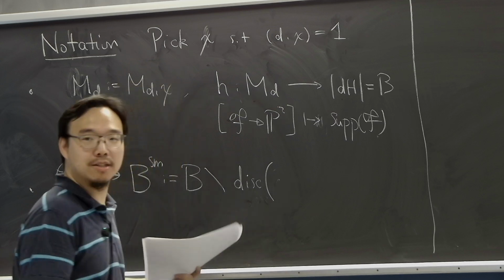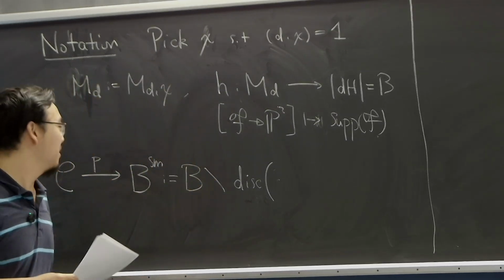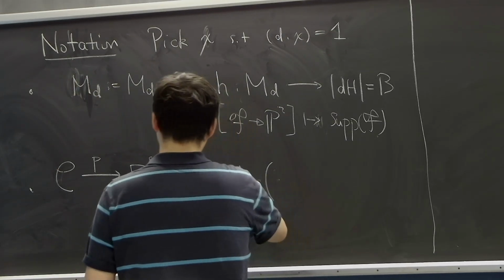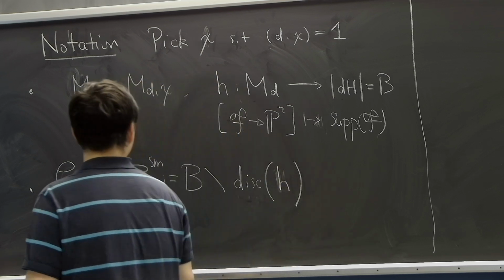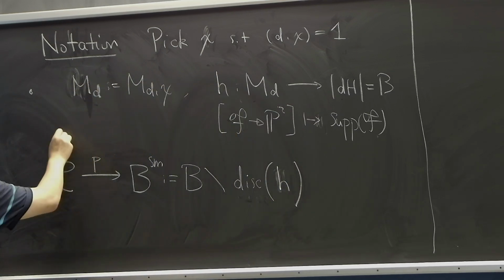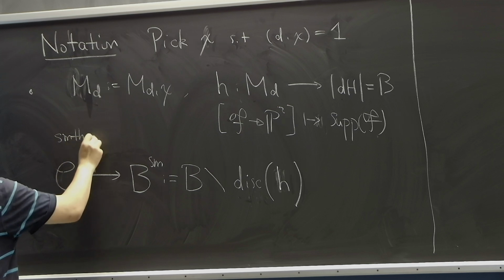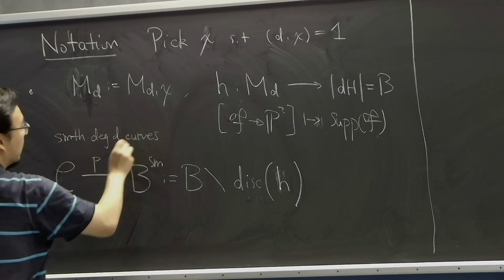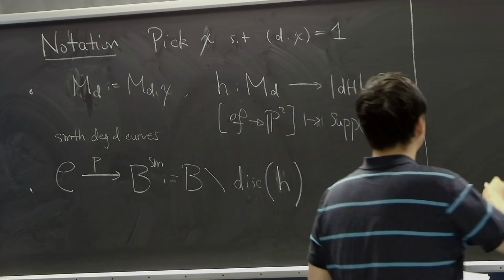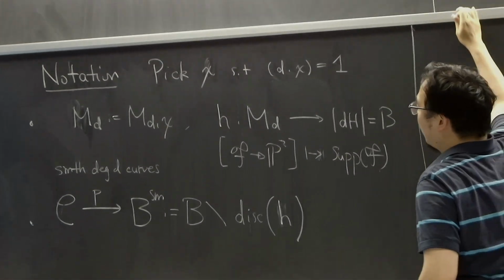It's not written on the website, but let me announce it here. So the discriminant of h is the locus of singular fibers. These are all smooth universal curves, smooth degree d curves. And the thing we proved last time is our theorem A prime.